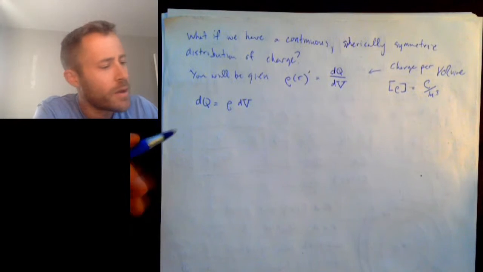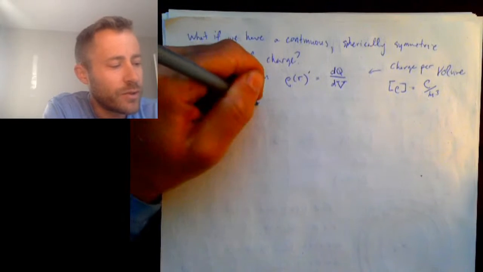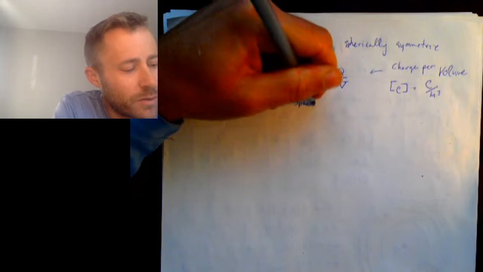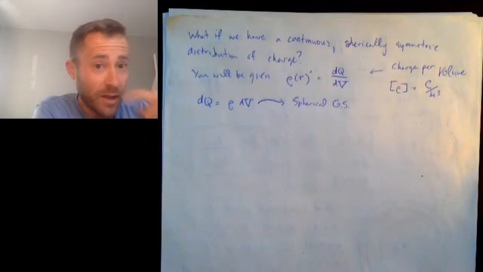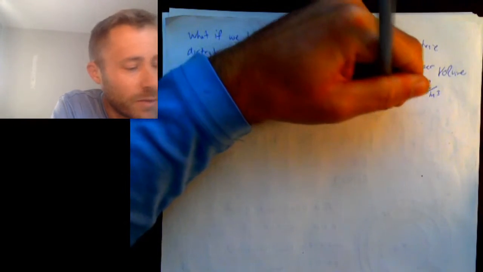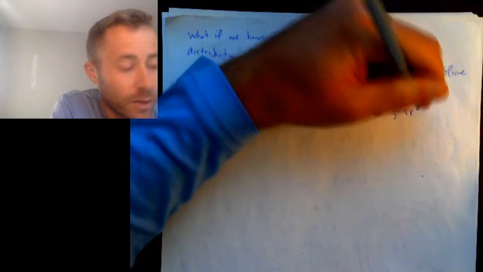Well, our Gaussian surface is a sphere. A spherical Gaussian surface is going to have a volume of 4/3 pi r cubed, excuse me.